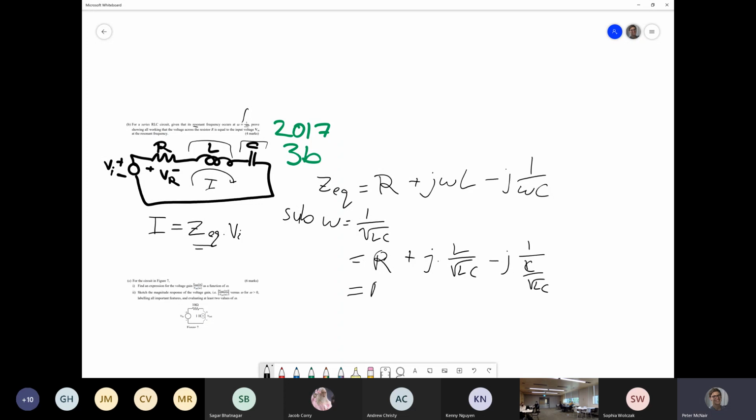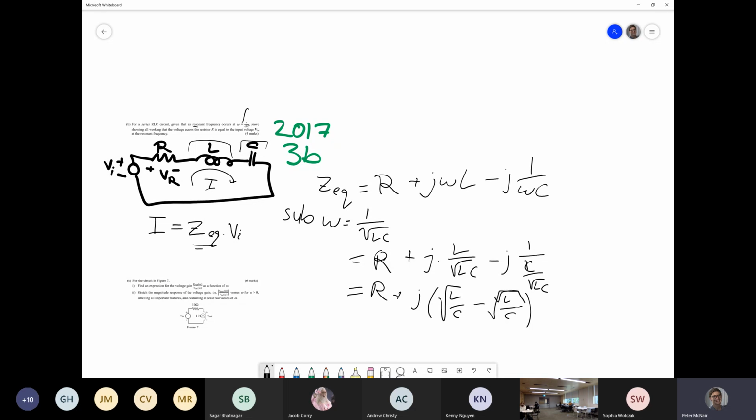So this is going to become R plus J into L on, that's going to be the square root of L on C. And if you flip this over, this is going to be the square root of LC divided by C. That's actually the same if we make this C the square root of C squared, then this C and one of these C's cancel, and this square root comes out the top.